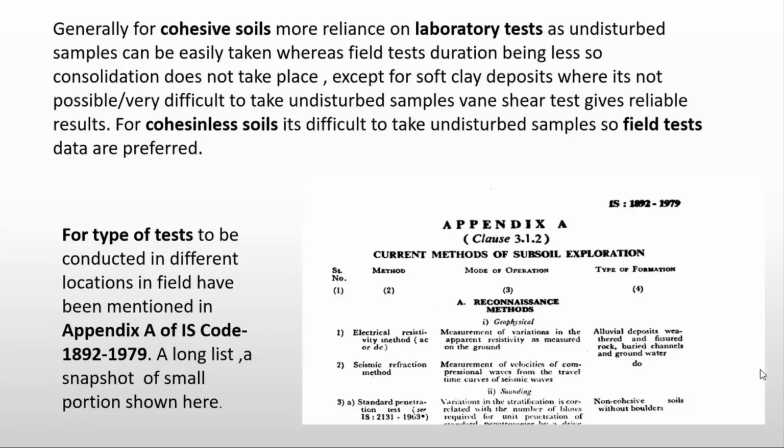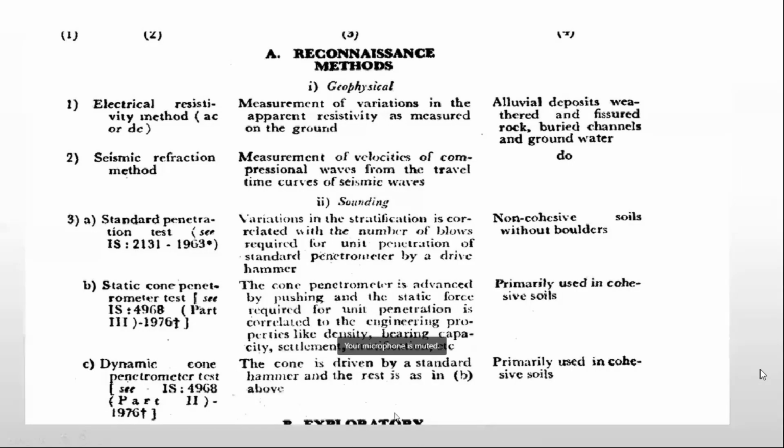If you are doing a reconnaissance survey, and there are alluvial deposits, weathered and fissured rock, buried channels and groundwater, you can take the electrical resistivity test. You can also take the seismic refraction test. Then soundings, which are the geophysical type.